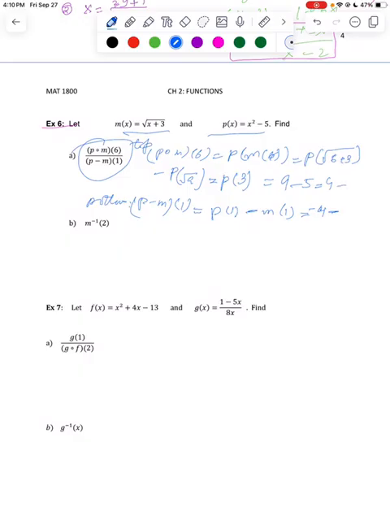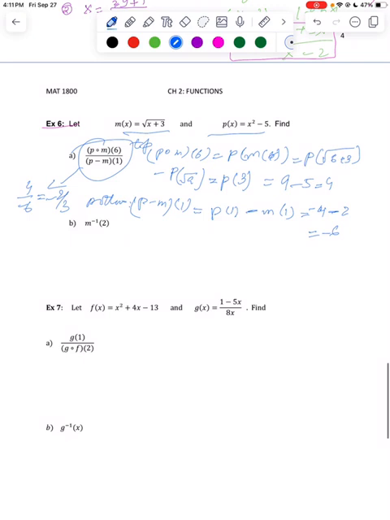So we end up getting a negative 6. So the final answer will be, this quantity will be what? 4 over negative 6, or negative 2/3. So that is the final answer.